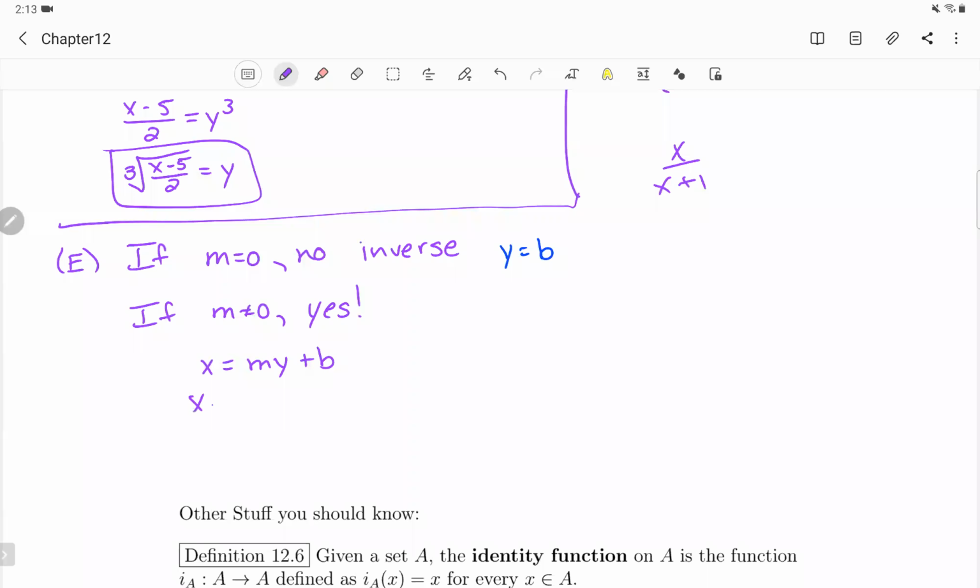So we get x minus b equals m times y. (x minus b) divided by m equals y. And if we had jumped straight into finding the inverse, what would jump out at you at that last step that we have to be super careful about? M can't be 0.